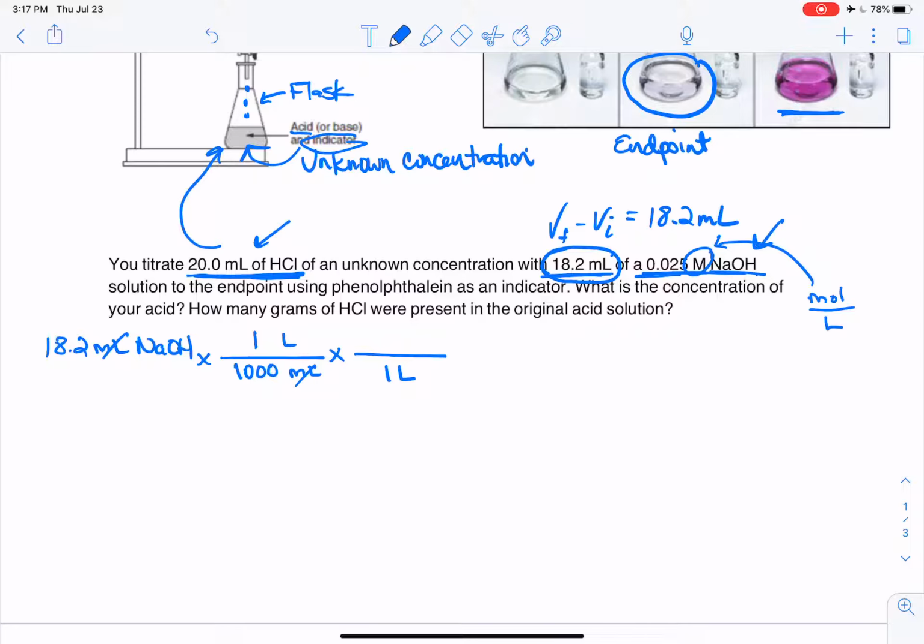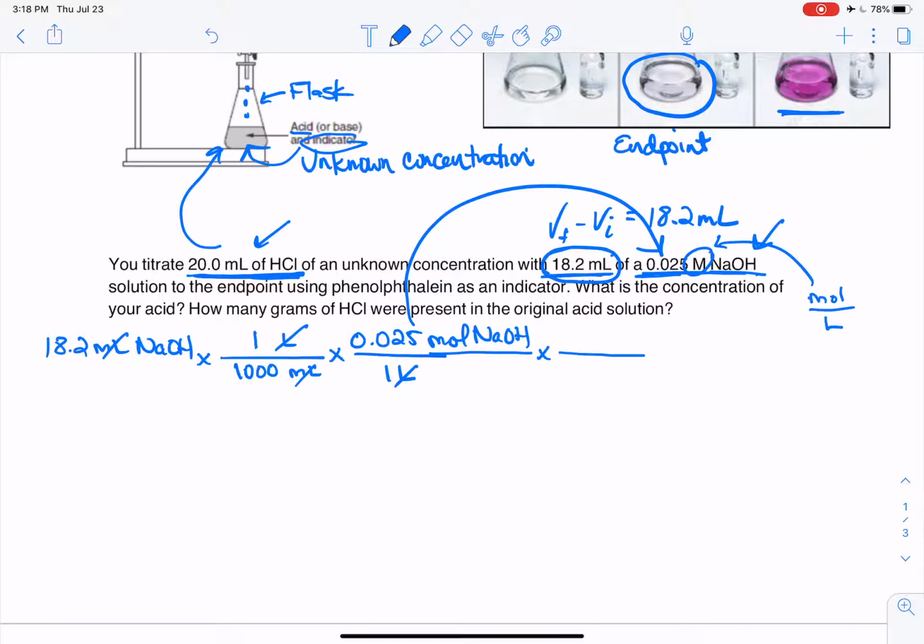So what we have is 0.025 moles of NaOH for every 1 liter, and that is the exact same thing as saying 0.025 molar NaOH. Exactly the same thing.